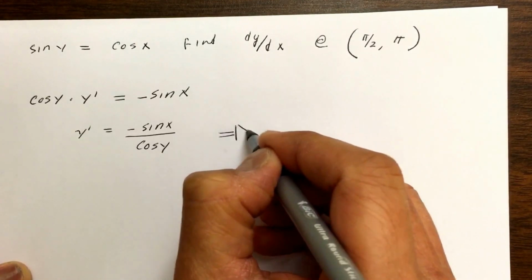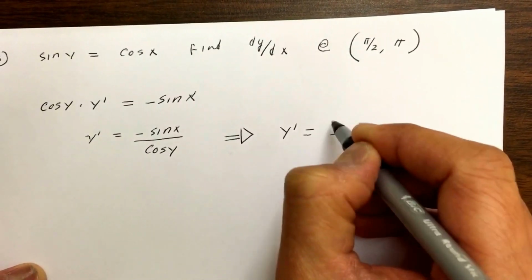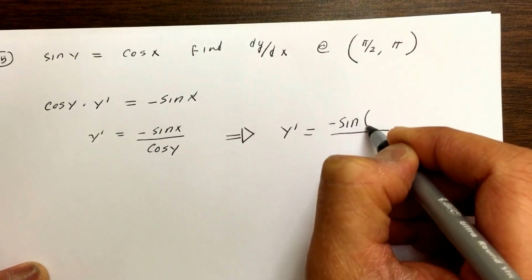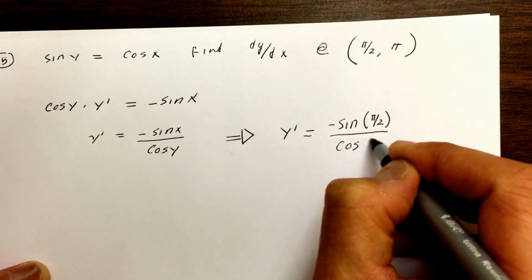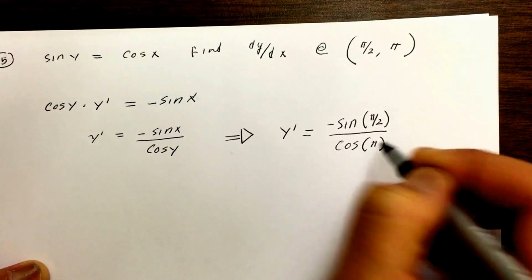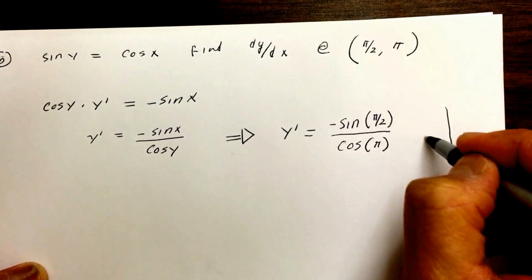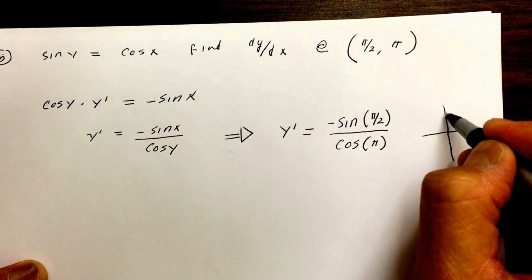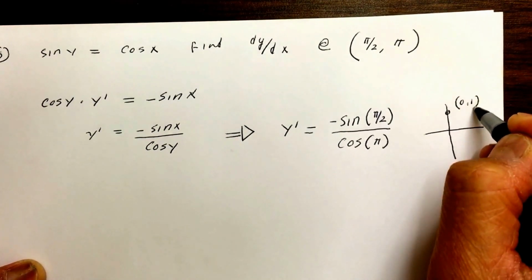So y prime is negative sine of pi over 2 over cosine of pi, and that equals, in a unit circle, here is pi over 2.